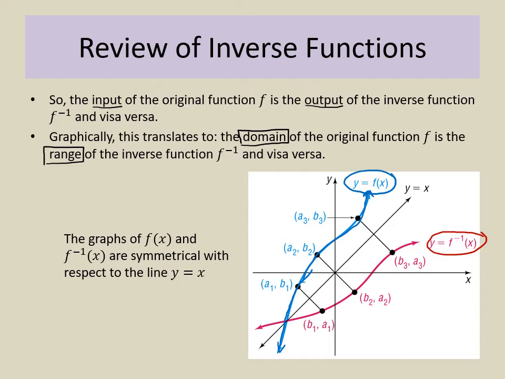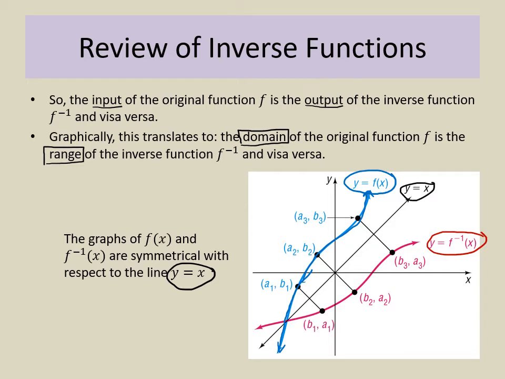This is something that we've seen previously. We're just reviewing it again. The graph of the inverse function is symmetrical, or it's a reflection with respect to the line y equals x, or the 45-degree line right here.